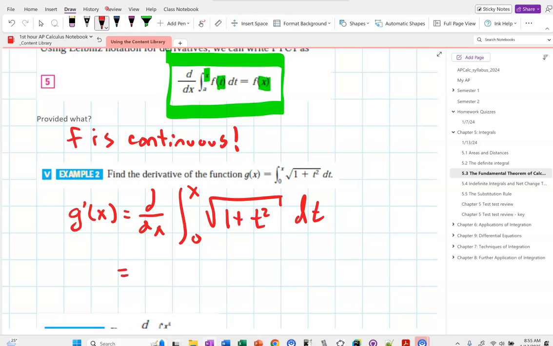What is the derivative going to do to the integral here? Cancel it out. So what are we going to be left with? The 1 plus, it's not t squared anymore though. It's going to be x squared, and we're done.